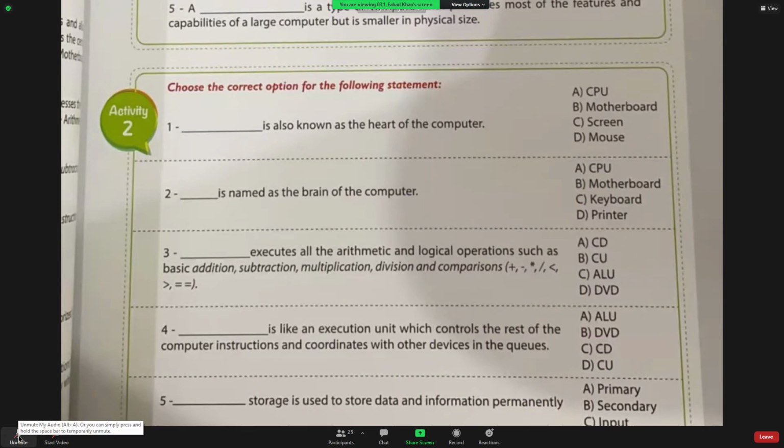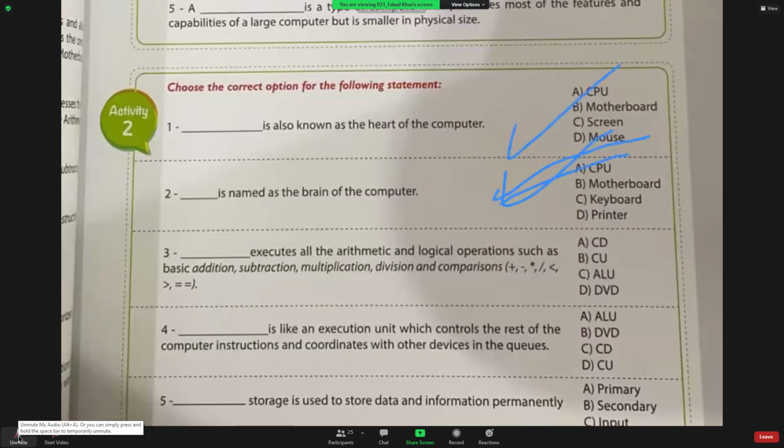Okay. Then B: it is named as the brain of the computer. That's the CPU. CPU is the brain of the computer.